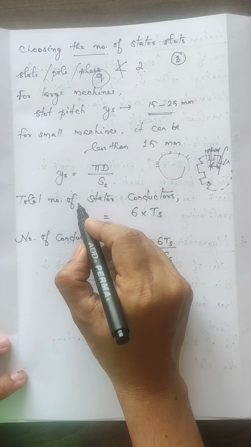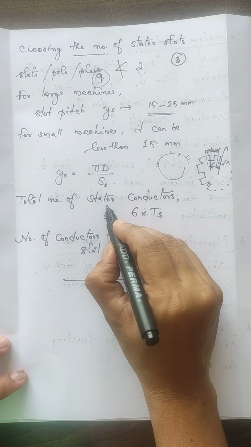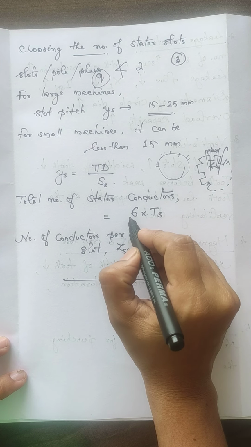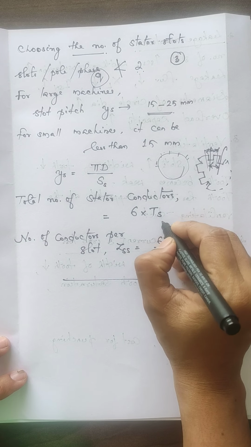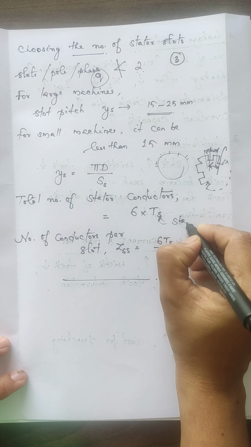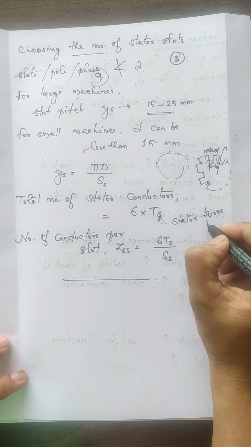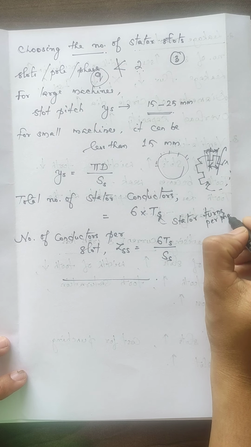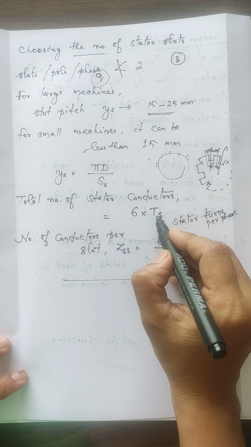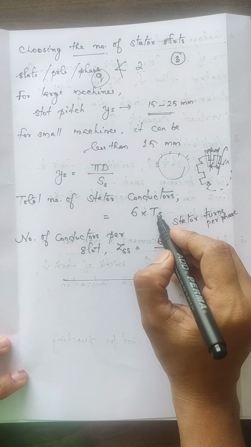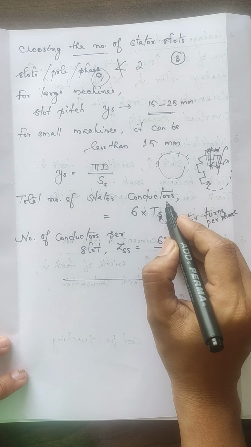Now, the total number of stator conductors can be calculated as 6 times Ts, where Ts is the stator turns per phase. We have already calculated this. So the number of turns for all the 3 phases becomes 3 Ts, and the number of conductors is the number of turns into 2.